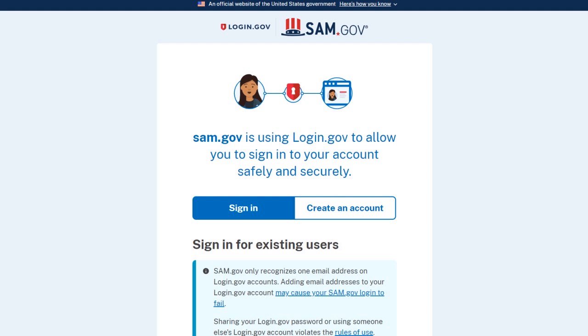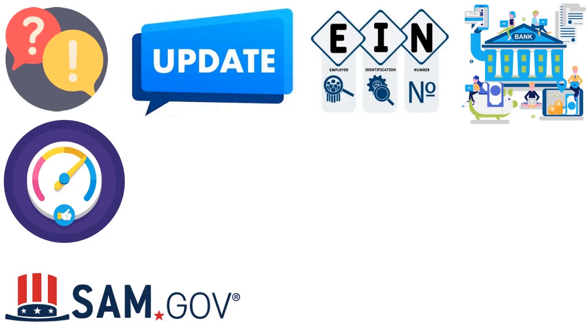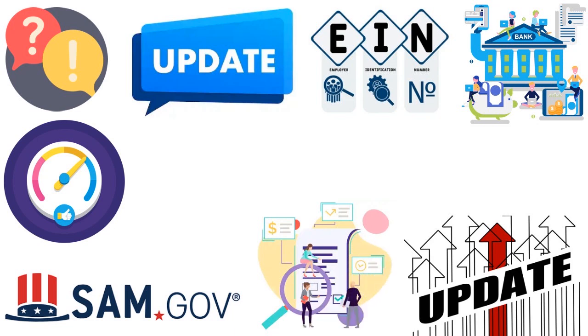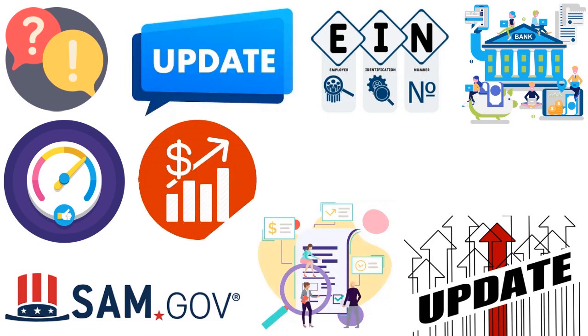So updating your SAM registration can be a meticulous process, because it means you'll have to do some updating and reporting every single year. But you know what? It's really worth it, especially when you think about the potential revenue you can bring in based on your active status.